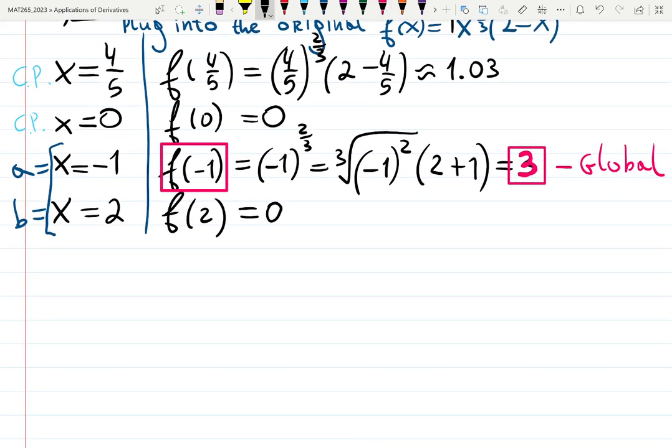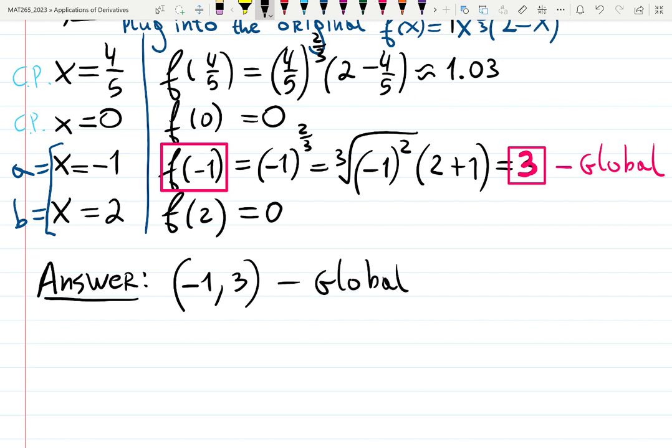And I can start answering. Answer. This problem is longer to explain than you actually do it. So that's why it's very good for testing. Answer: -1, 3 is the global max. This notation means at x equals -1, we have located the global maximum, the biggest mountain, the top of the mountain.